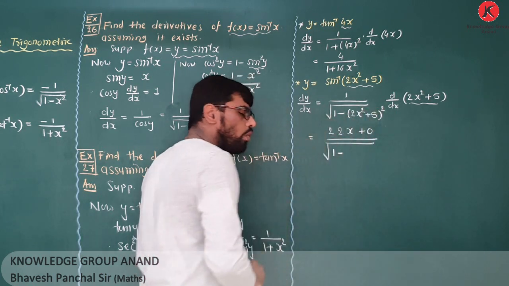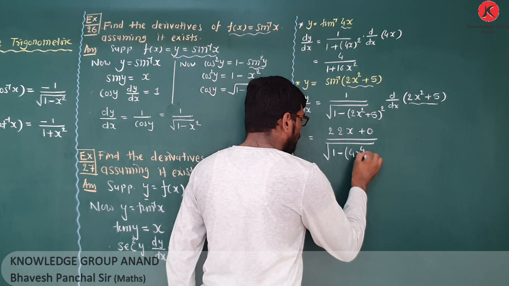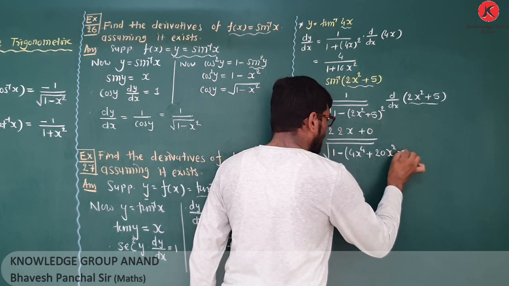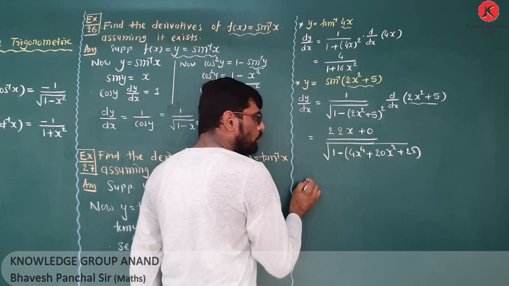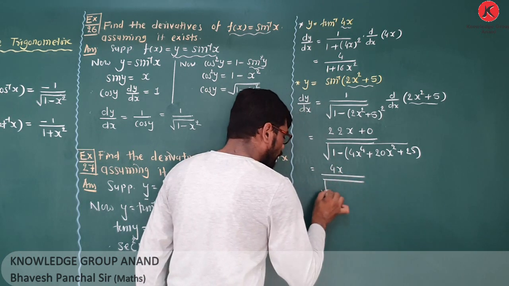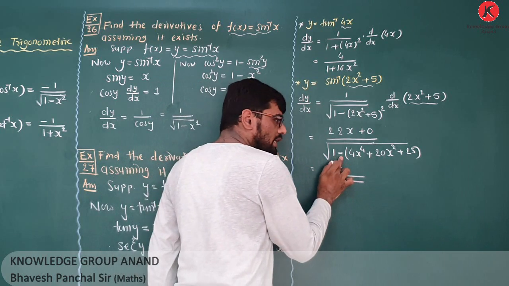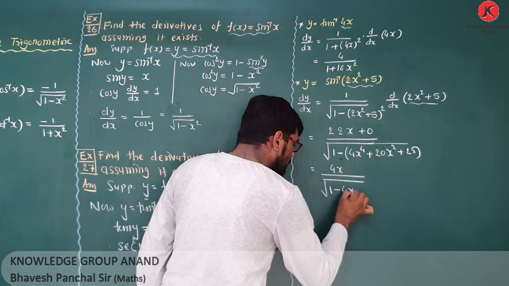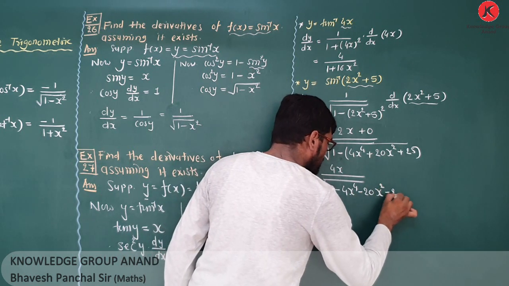In the denominator, under root 1 minus (2x square plus 5) whole square, that means now (2x square) square is 4x raised to 4, plus middle term 2 into 2 into 5, that is 20x square, plus 25. In numerator 2 into 2x, that is 4x. In denominator 1 minus, now I open the bracket. The coefficient is minus 1, so all terms become opposite: minus 4x raised to 4 minus 20x square minus 25.